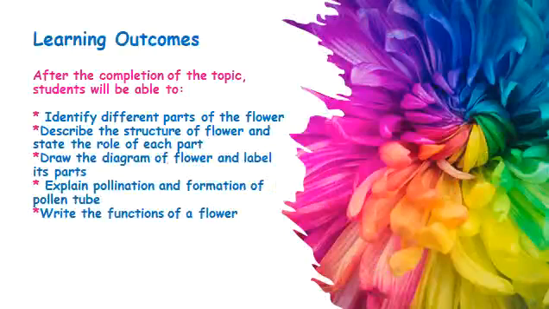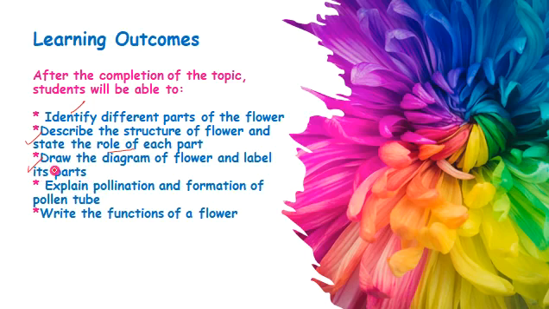So let's discuss the learning outcome. After completing this topic, students, you are now able to identify all the parts of the flower: sepal, petal, stamen, pistil. You are able to explain the role of each part. Sepals help in providing protection. Petals, which are brightly colored, also help in pollination. Stamen, the male part, and the pistil, the female part, help in reproduction.